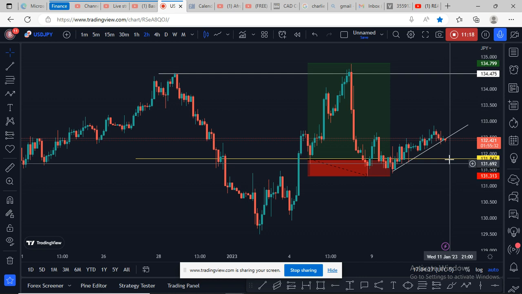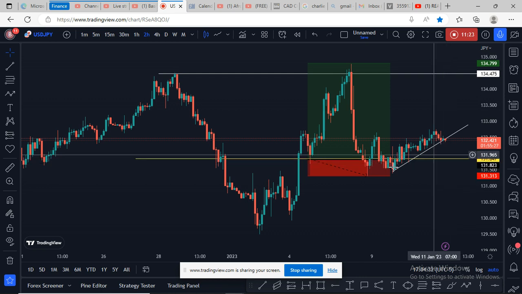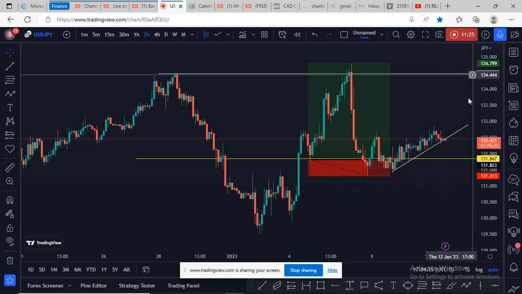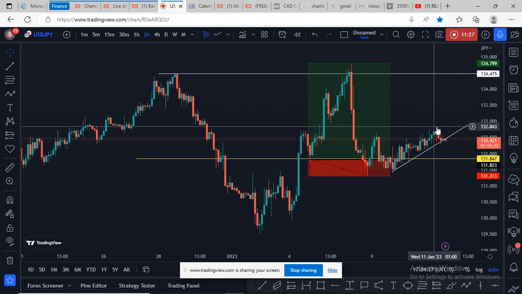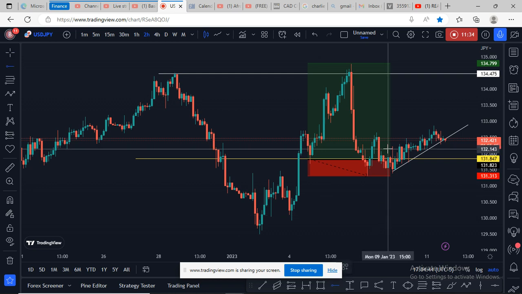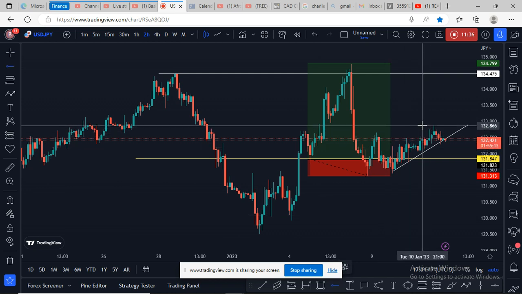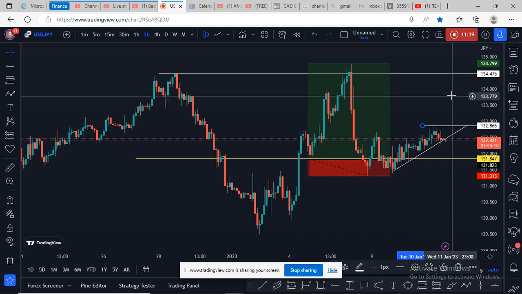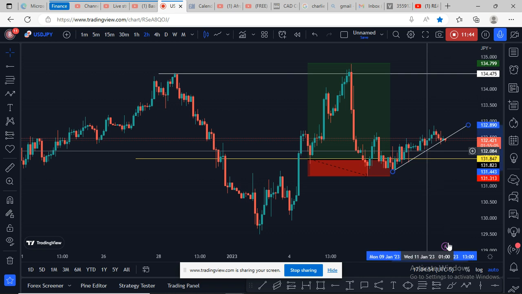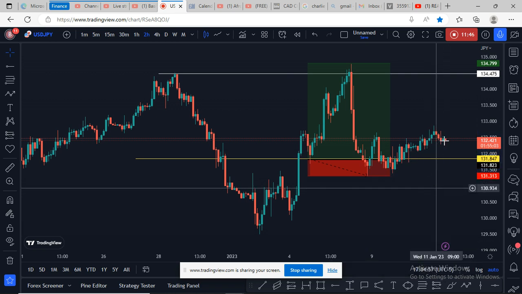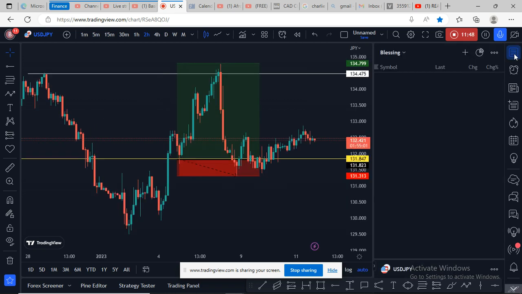So when the structure gets broken, that's what I'm going to do. After this, they will move all the way. When they break this level to this resistance also, when they break this resistance, then we are going all the way up here. That's what I'm expecting on this trade.